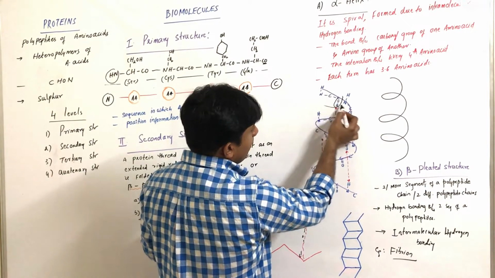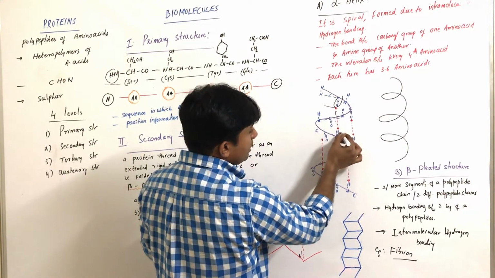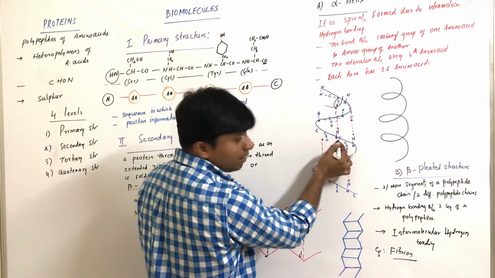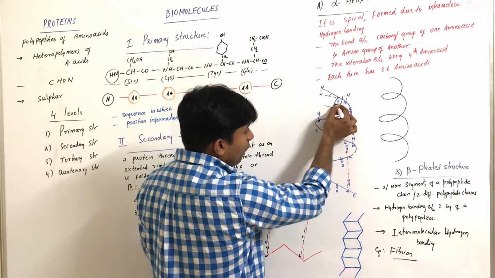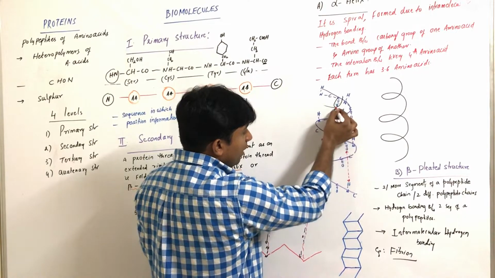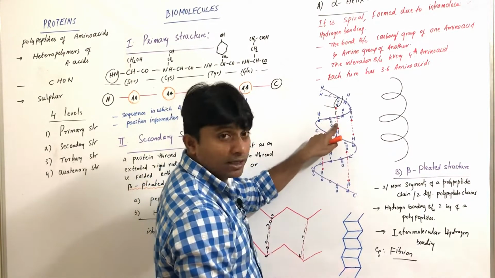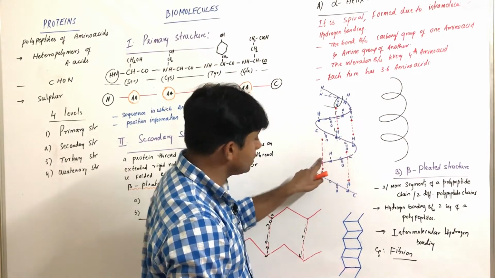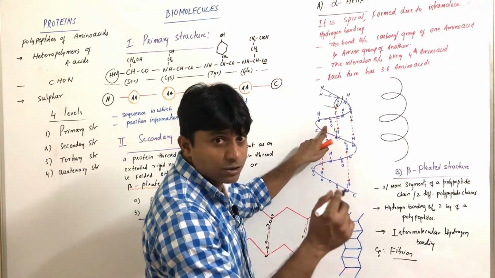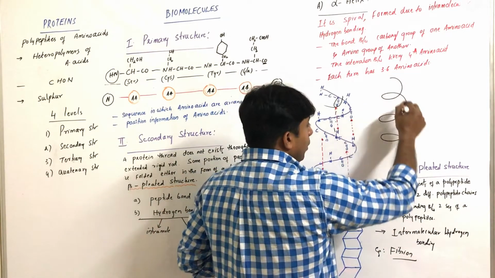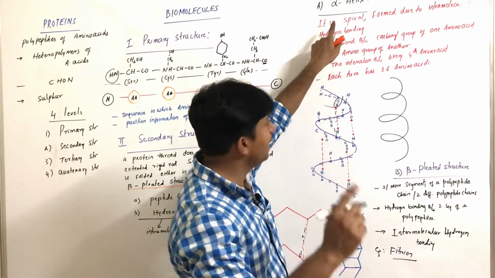This is one amino acid. This is the carbonyl group of this amino acid, and this is the amine group of the other amino acid. So there is a bonding between the carbonyl group of one amino acid and the amine group of another amino acid. This is called intramolecular hydrogen bonding. You can see in all these positions there is intramolecular hydrogen bonding. Due to this, the polypeptide chain becomes helical, which is called alpha helix, right?